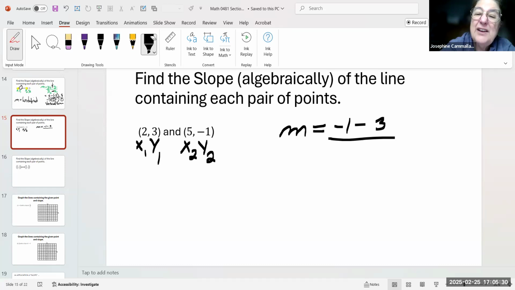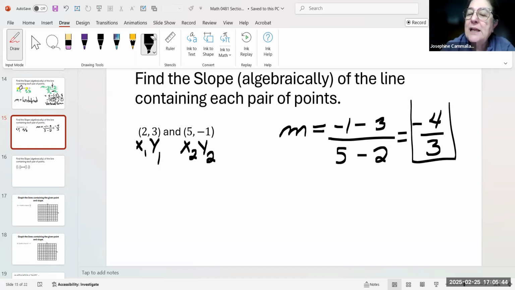And then we have 5 minus 2. Well, this is -4 over +3. Now, do not make this a mixed number. A slope is a fraction.